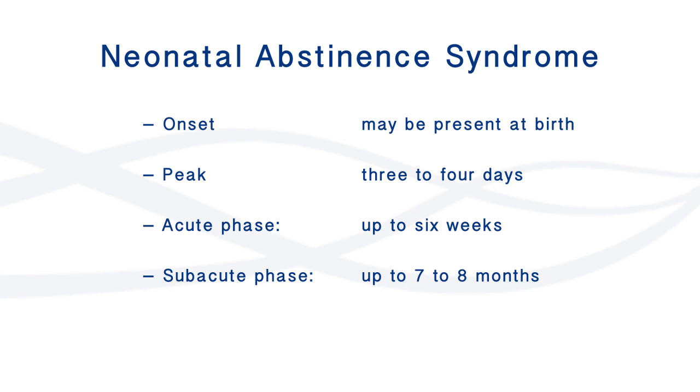Usually, neonatal abstinence peaks at around 3 to 4 days of age, and that acute phase lasts up to about 6 weeks, following which is something that we termed the subacute phase in a paper we wrote back in the 80s referring to neonatal abstinence syndrome, that there is a subacute phase. Once the infant has recovered from that acute phase, we still see sleep disturbances, feeding problems, irritability, up to 7 to 8 months after delivery.